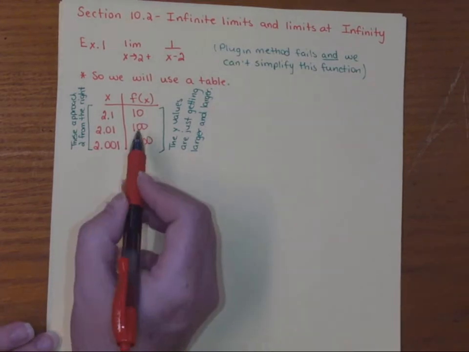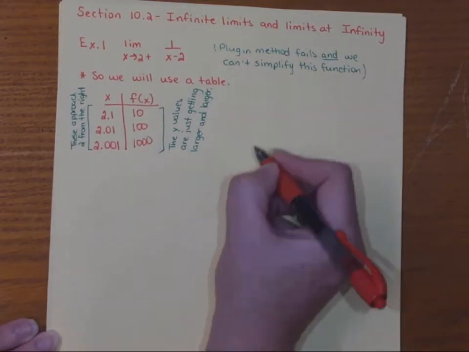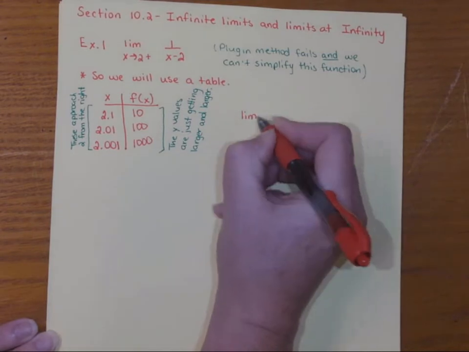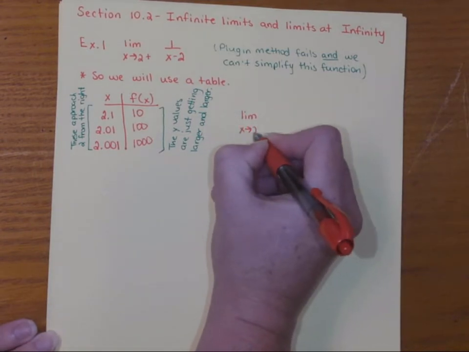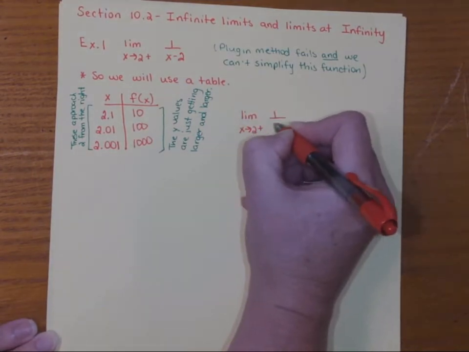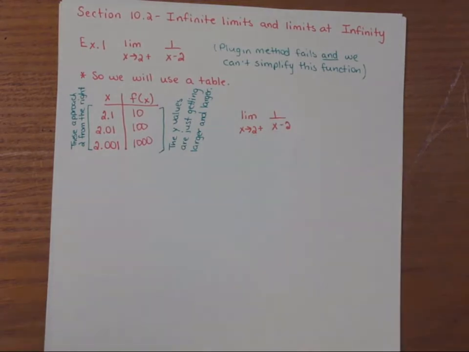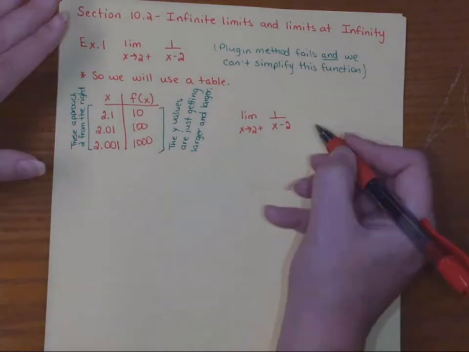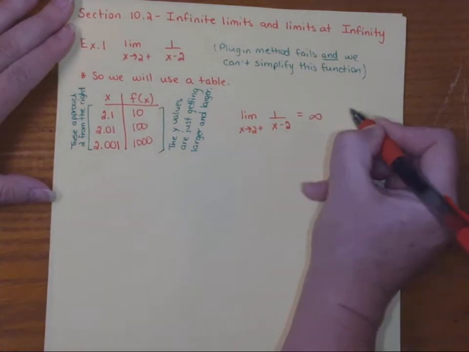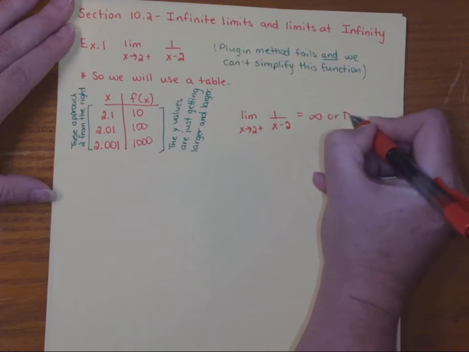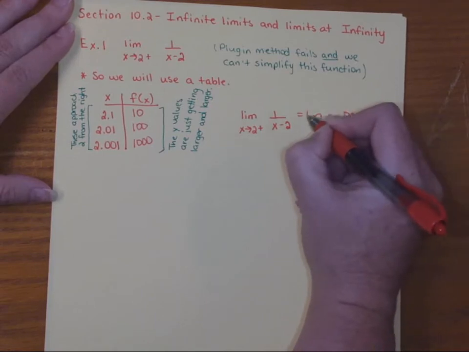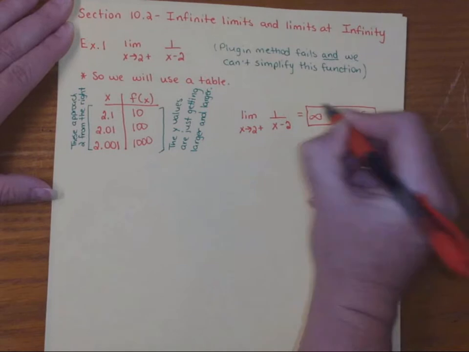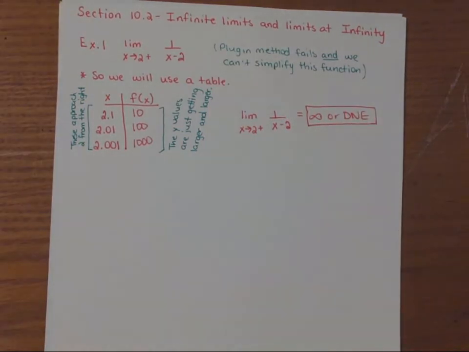So in this case, the trend for y is just getting increasingly large. So the limit as x approaches 2 from the right of 1 over x minus 2 is actually going to infinity. But if we're discussing a limit, if the limit is infinity, it means there never was a limit to begin with.